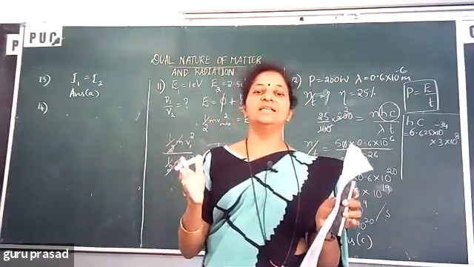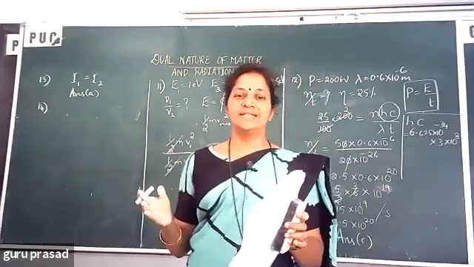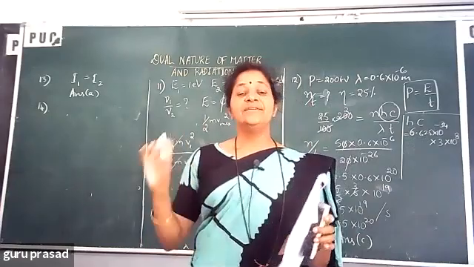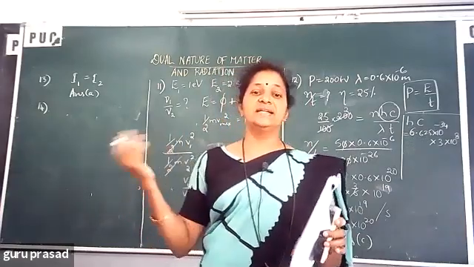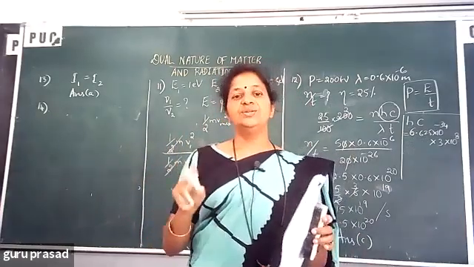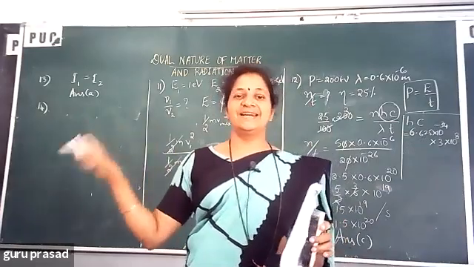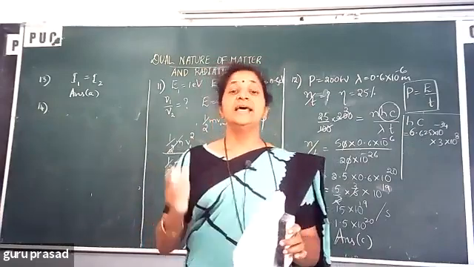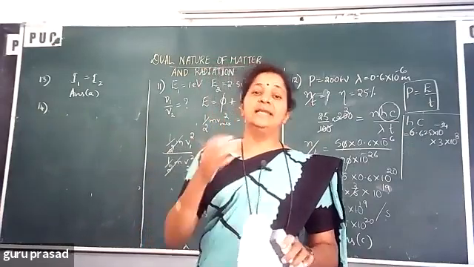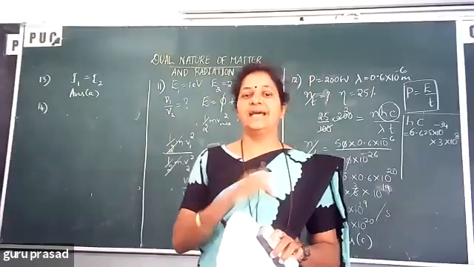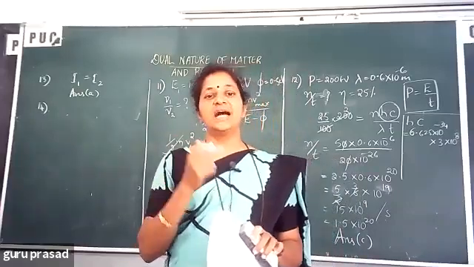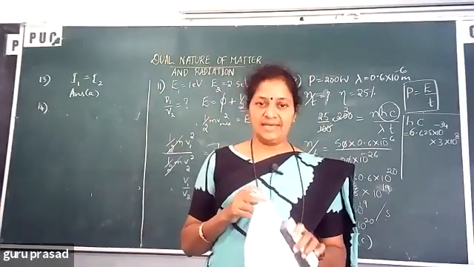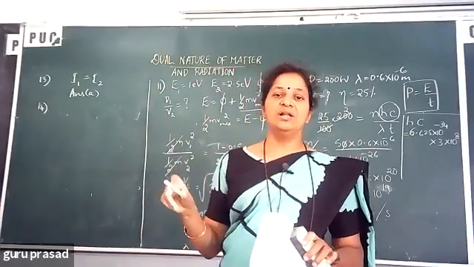If the wavelength is between 450 to 800 nanometer, it is visible light. If it is above 800 nanometer, it lies in the infrared region. If the wavelength is below 450 nanometer, it lies in the ultraviolet region. So you have to compare all these.